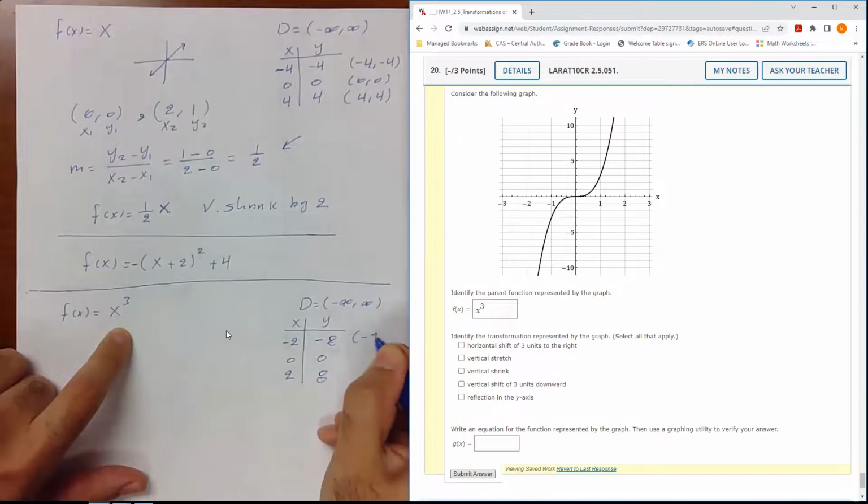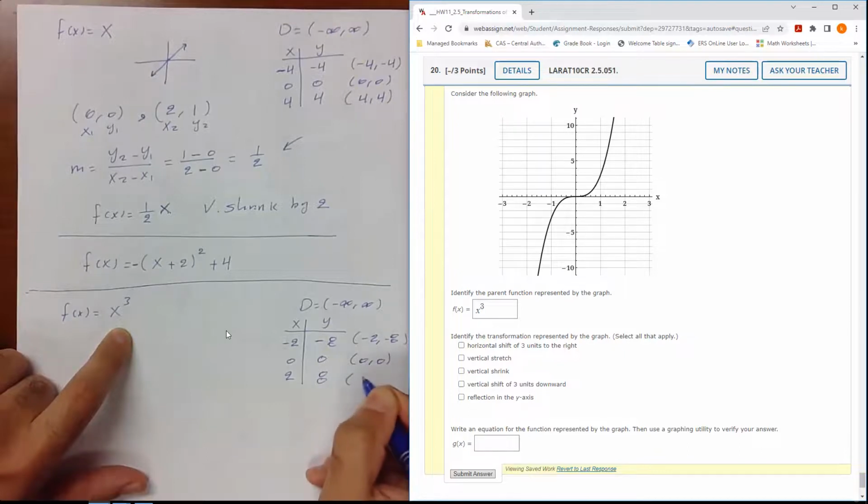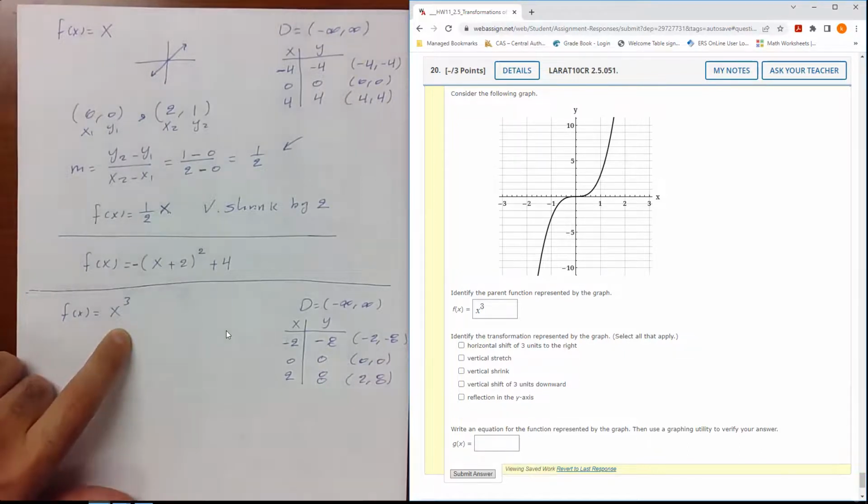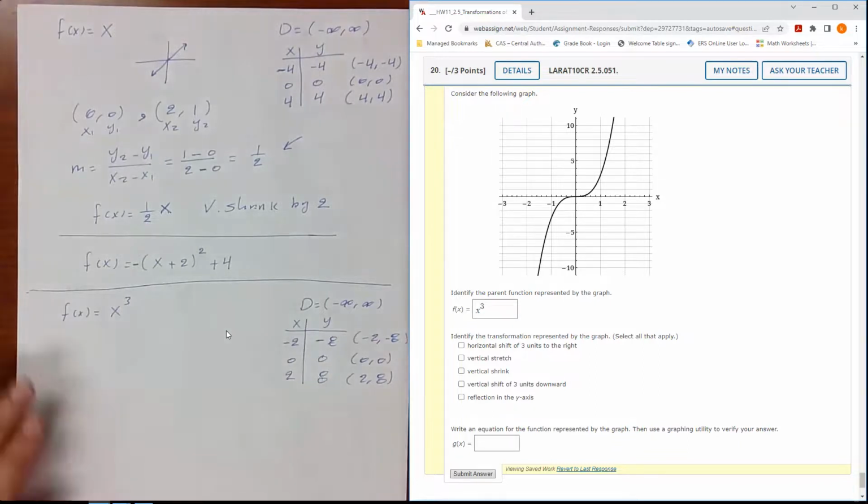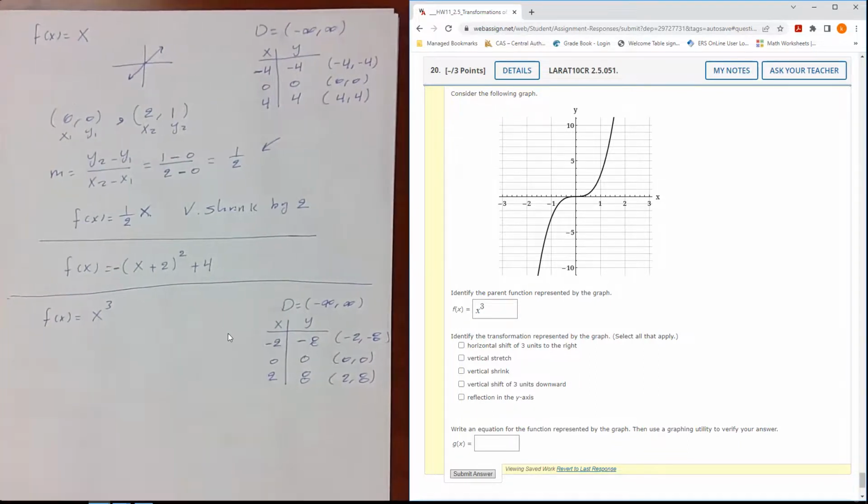That means we have -2, -8. And the second point is 0, 0. And the third point, 2, 8. Let's graph these points on the same graph and check if there's a technique adding on this graph. So the first point is -2, -8. That means -2, here's -2, and -8 is not on the graph. It's here. -2, this is -10, this is -8.